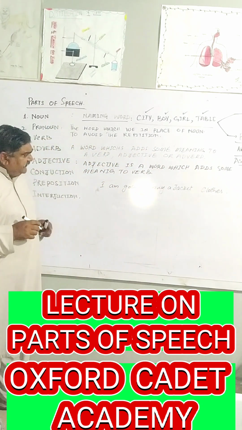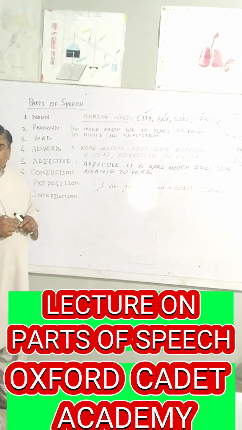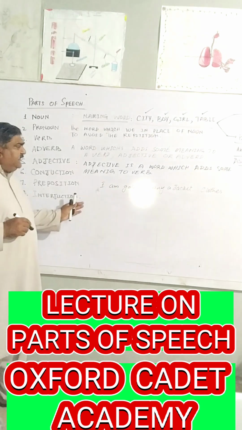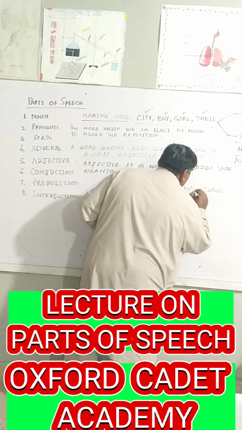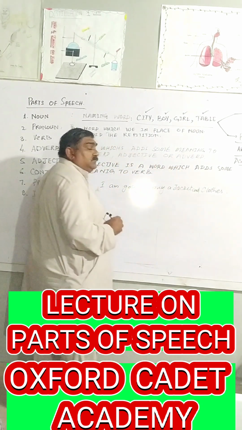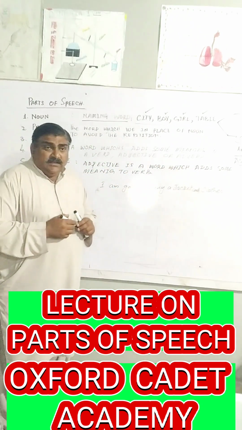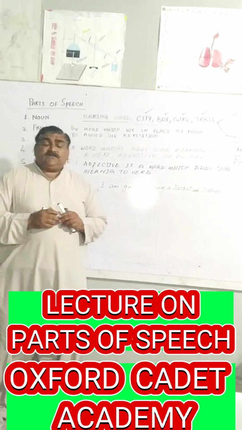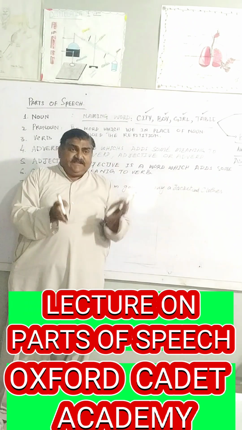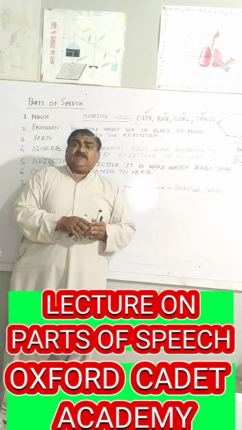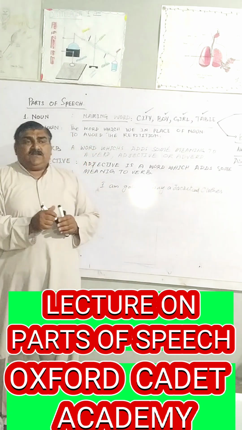Yes, sir. Now there is a gap between jacket and clothes. How can I join jacket and clothes? So I will put "and" over here: jacket and clothes. A word which joins two words or phrases or sentences is called a conjunction.